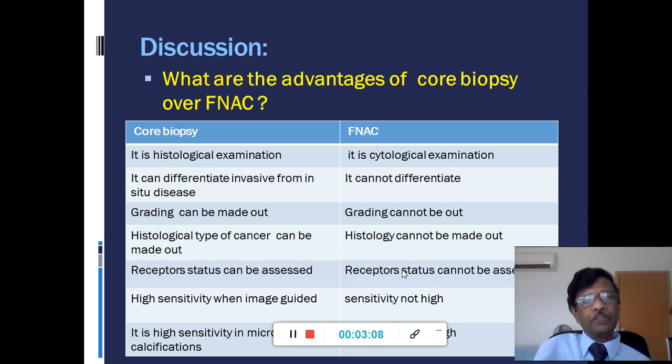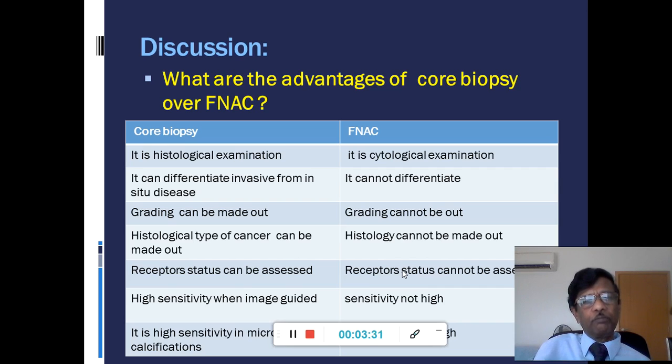Core biopsy can differentiate invasive from in situ disease, whereas FNAC cannot differentiate between invasive and in situ disease. Grading can be made out in a core biopsy, but not in FNAC.